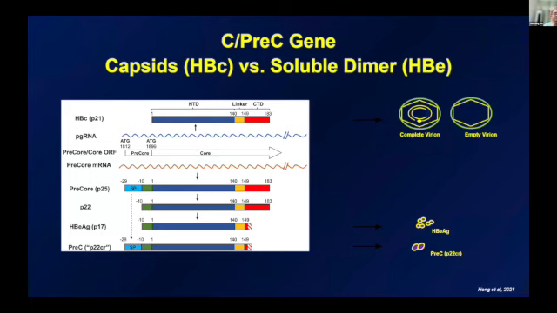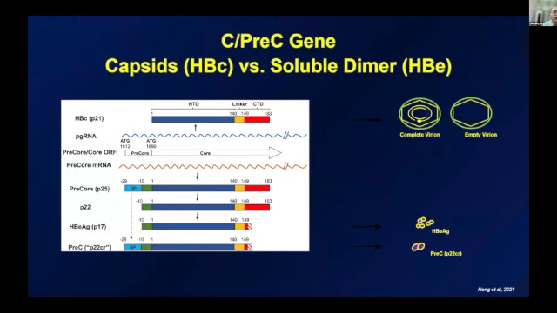The core protein or P21 is produced from pgRNA, but the pre-core protein is produced from a slightly different RNA called the pre-core mRNA, which is almost the same as the pgRNA, except it's a little bit longer at the 5' end. Because it is longer, it has an additional upstream AUG, which allows the translation of a pre-core protein. It's about 29 amino acids longer initially than the core protein. So that's the P25 protein depicted at the bottom.